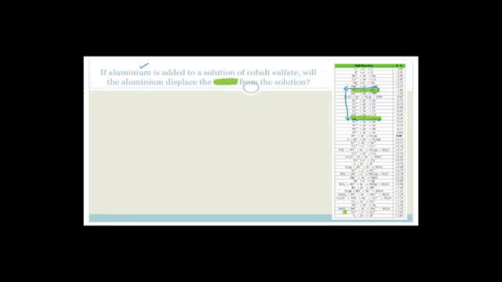So what you need to say is that the half reaction for the aluminium, Al 3 plus plus 3 electrons goes to aluminium, has an E theta of negative 1,66, and the Co2 plus plus 2 electrons goes to Co, has an E theta of minus 0,28.